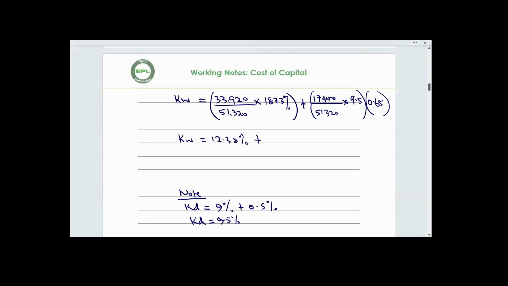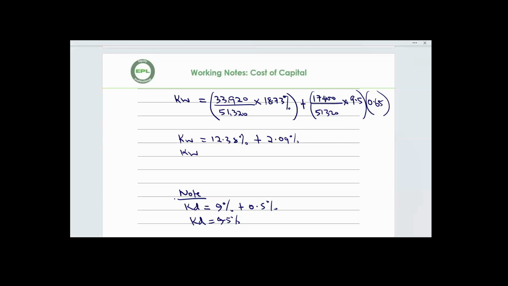Plus from the right, 17,400 multiplied by 9.5 multiplied by 0.65, then divided by 51,320 equals 2.09%.